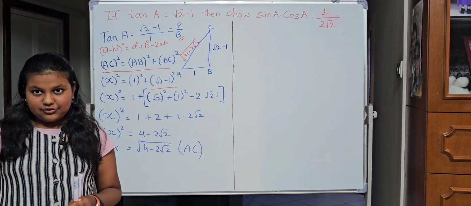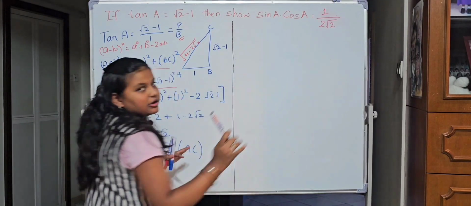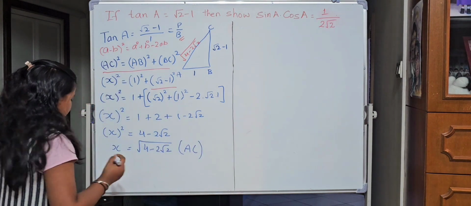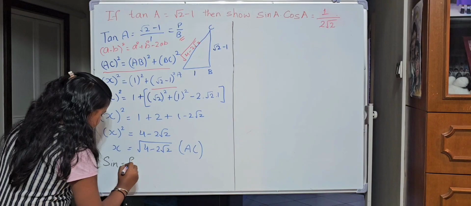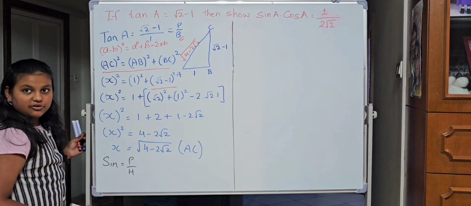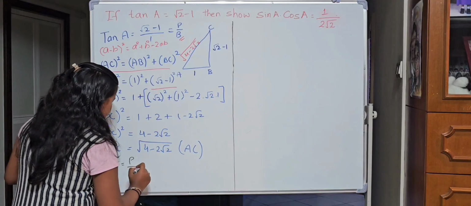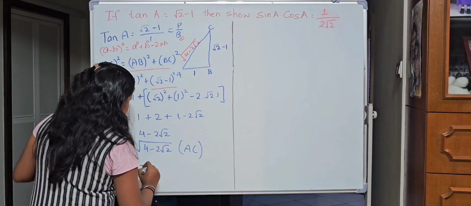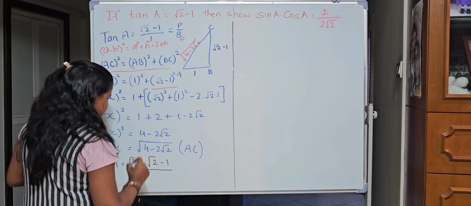The next step is to find sine and cos according to the question. The formula of sine is P by H. It is also a very important formula and is to be kept in mind at all times. What is the perpendicular? Root 2 minus 1, and hypotenuse?